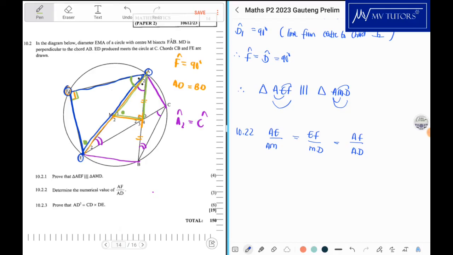So what would be the numerical value of it? Where do we start? Do we have any length at this point in time?